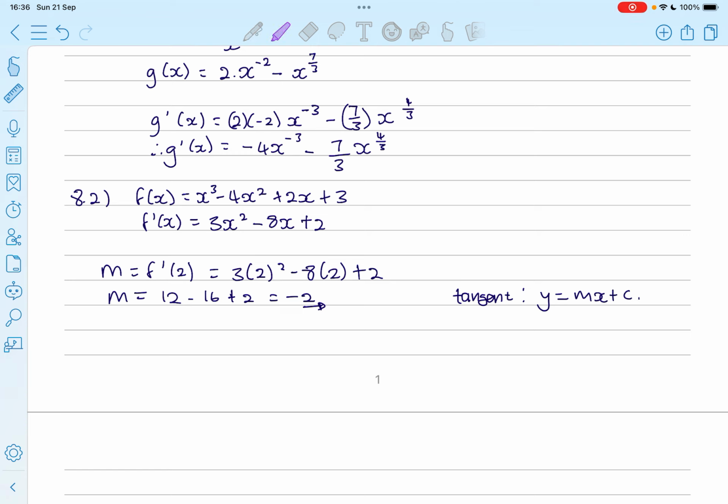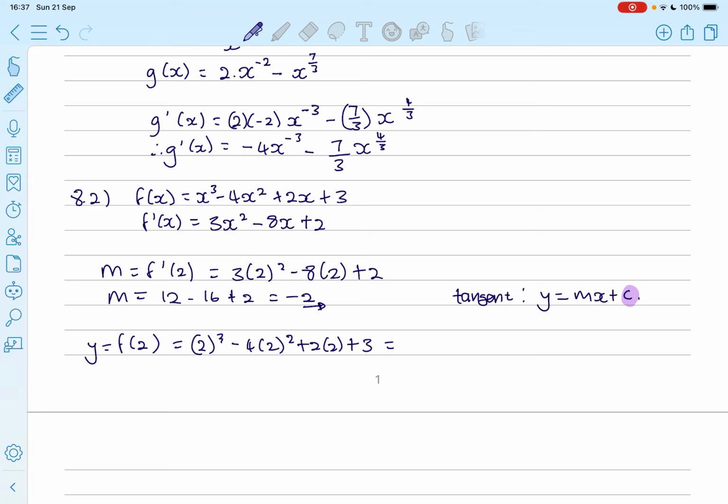And in order for us to get the c, we need the y value. So let's get the y value when x is equal to 2. So y is equal to the function when x is equal to 2: 2 cubed minus 4 times 2 squared plus 2 times 2 plus 3.